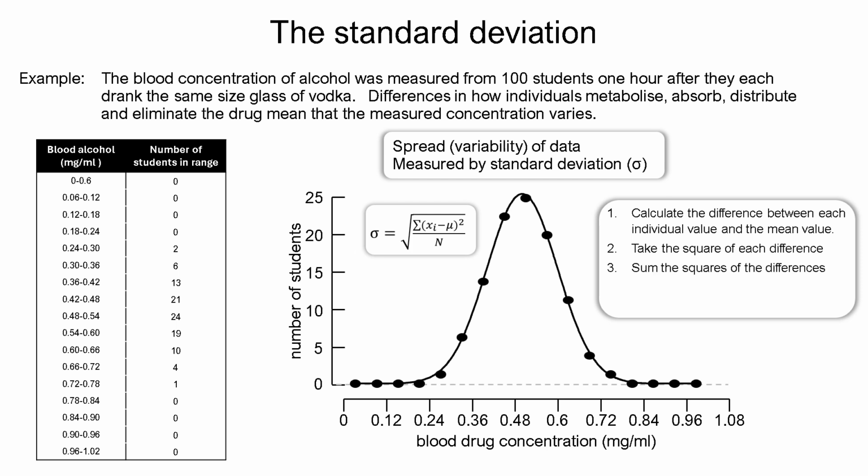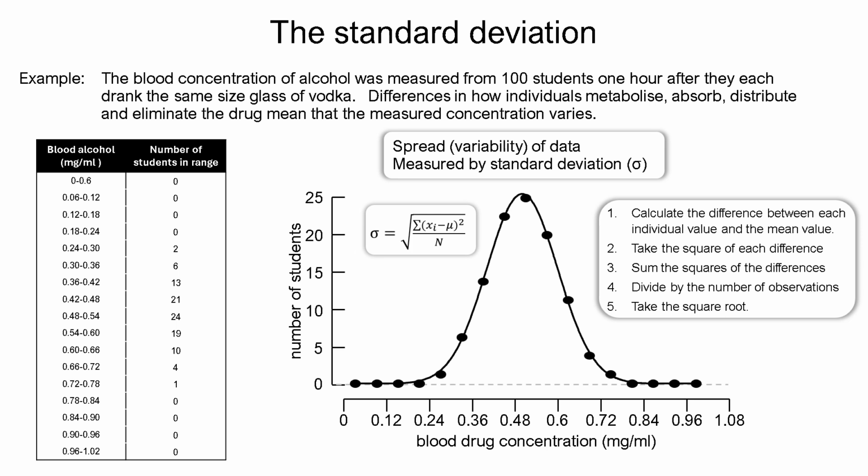Apart from being mathematically correct, the differences are squared because some values are larger than the mean and give a negative difference, which would cancel out positives. It also gives more weight to larger deviations. The total is divided by the number of observations to find the average difference, and finally the square root takes you back to the original units and gives you the standard deviation.